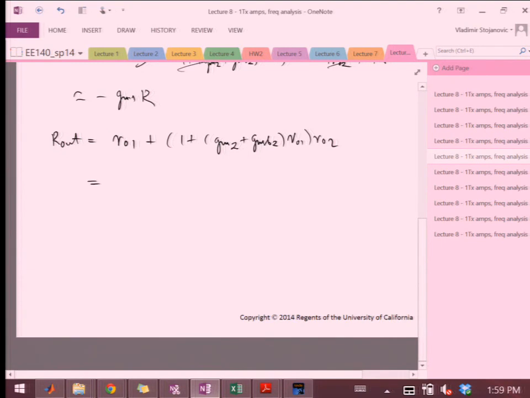And then we'll say, okay, well, this is approximately the same as just GM2 plus GMB2 R02 times R01.